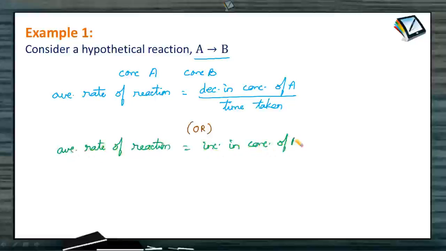So here we express the concentration of the reactants or products as number of moles per liter. The rate of decrease or increase in the concentration of reactants or products may also be expressed in terms of change in their concentration during the time interval delta t.